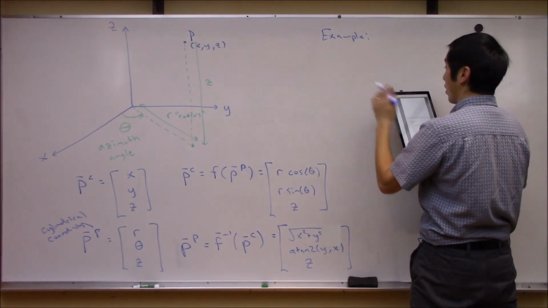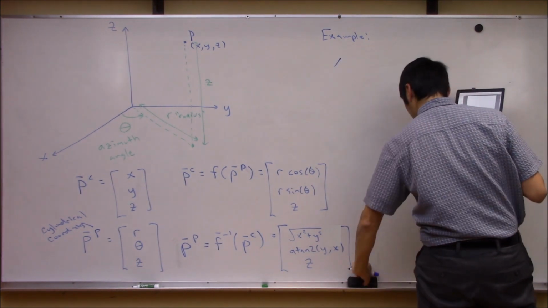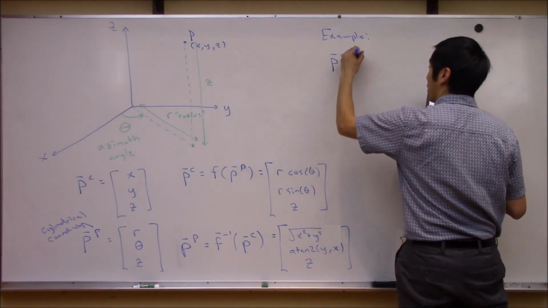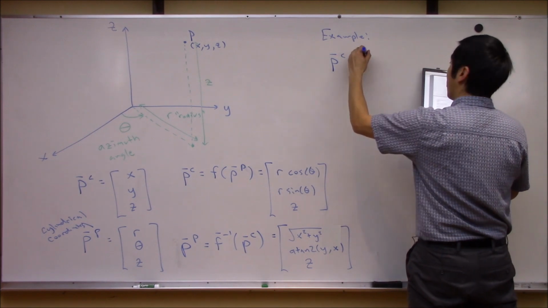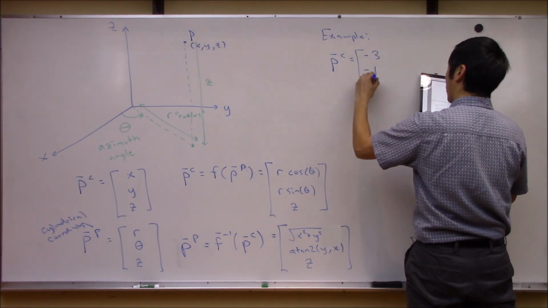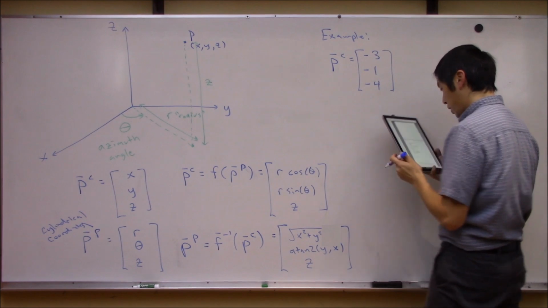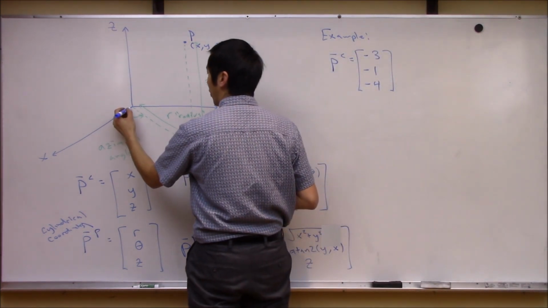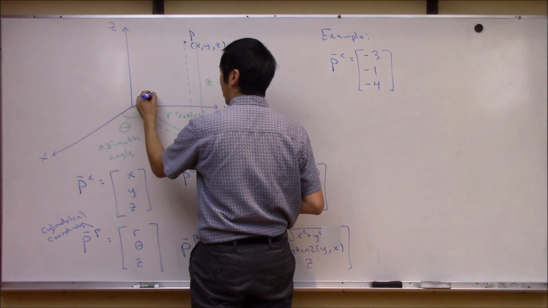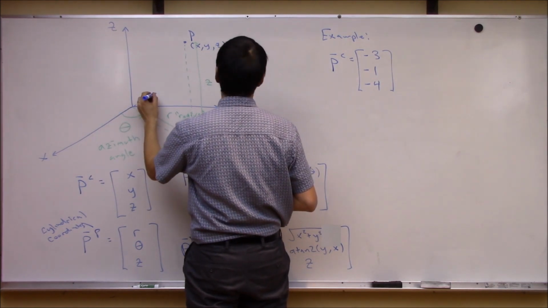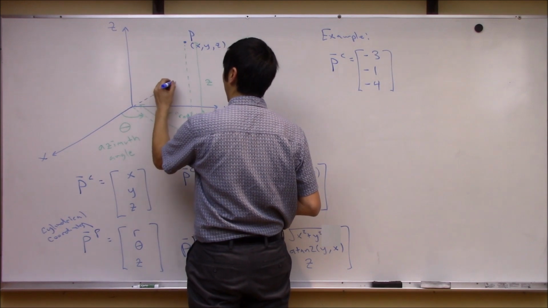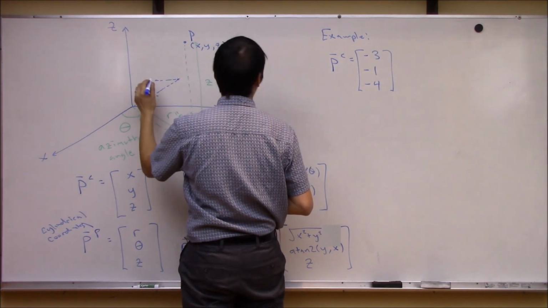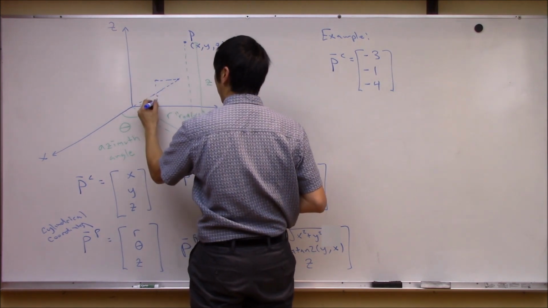Okay, let's go ahead and pick this point P in the Cartesian coordinate system to be -3, -1, -4. If you wanted to draw it, we would go -3 units in the x, -1 unit in the y, and then -4 units in the z, so down.